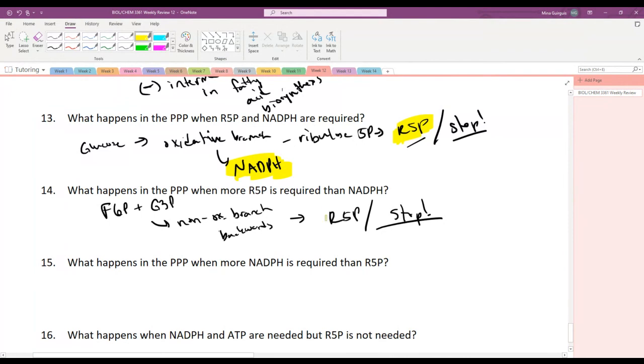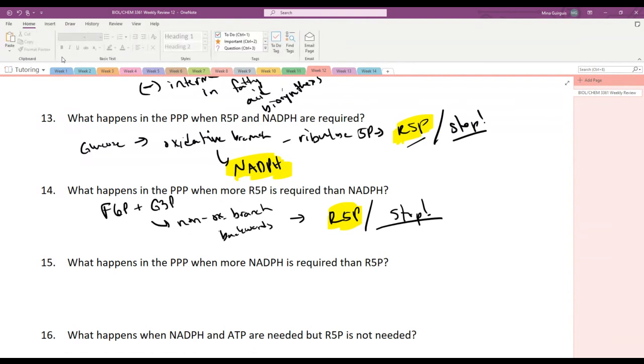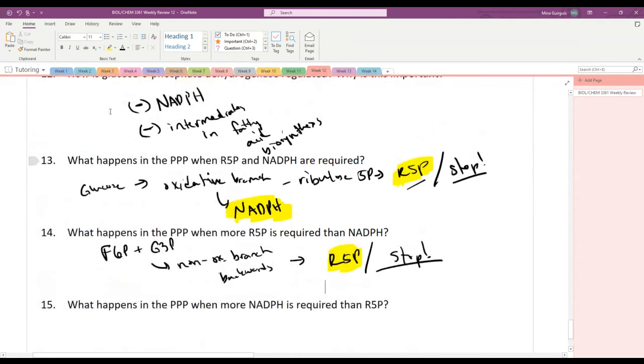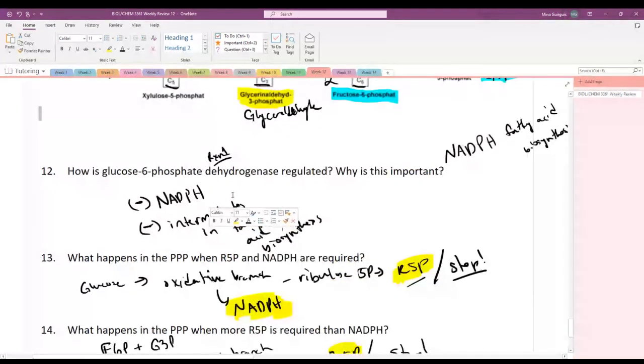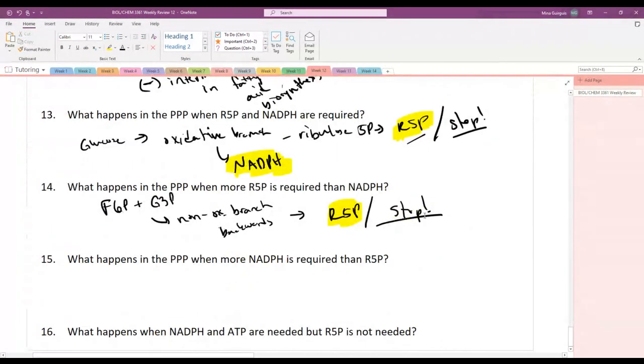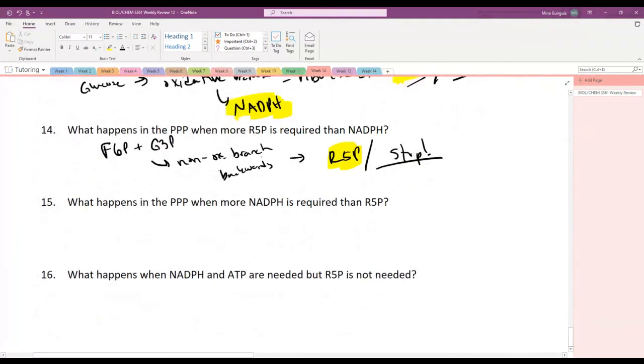Because we don't need to go through the oxidative branch. It's nice to have NADPH, but if we've inhibited the pentose phosphate pathway through having a high concentration of NADPH, so what we talked about in number 12 here, we still need ribose. This is a great way to do that. Okay, right.